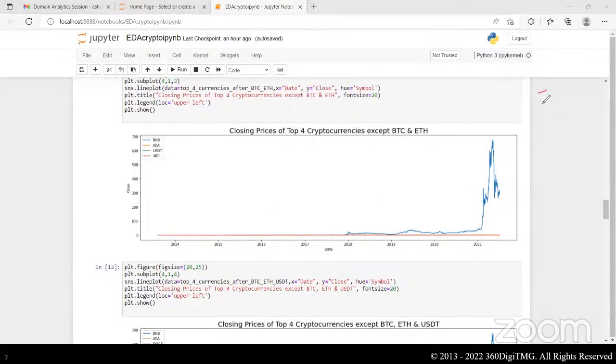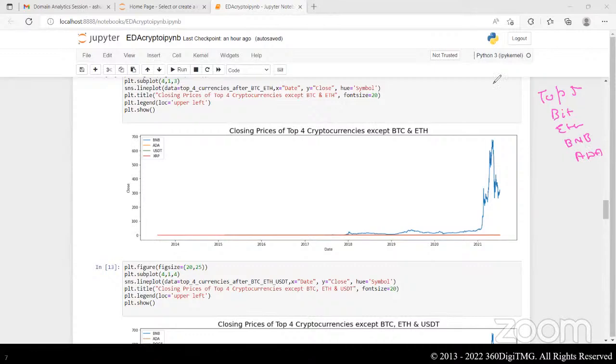Remember, we are dealing with the top 5. And in the top 5, we are having Bitcoin, Ethereum, BNB, ADA, and fuel.